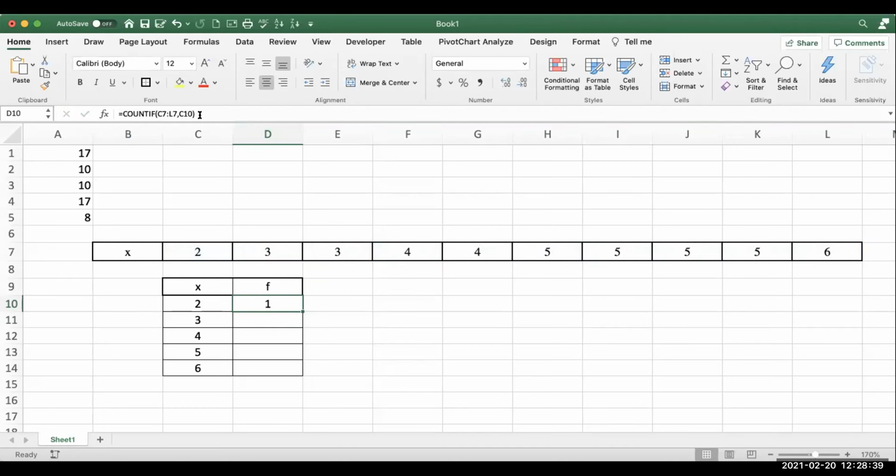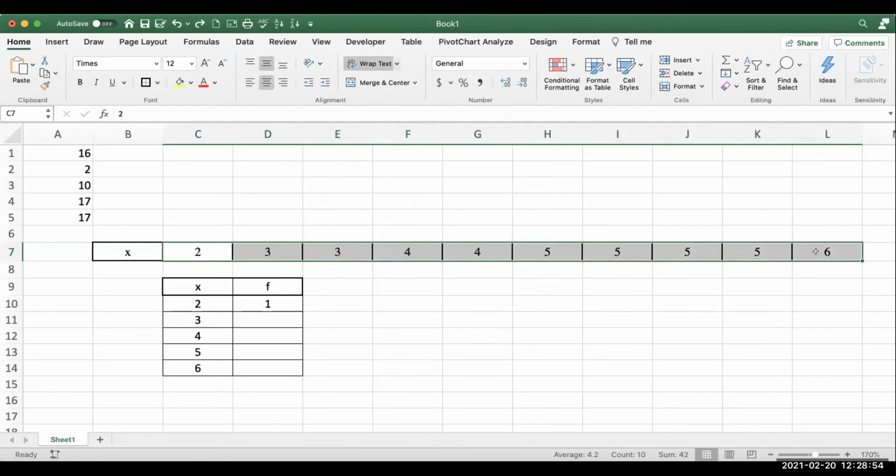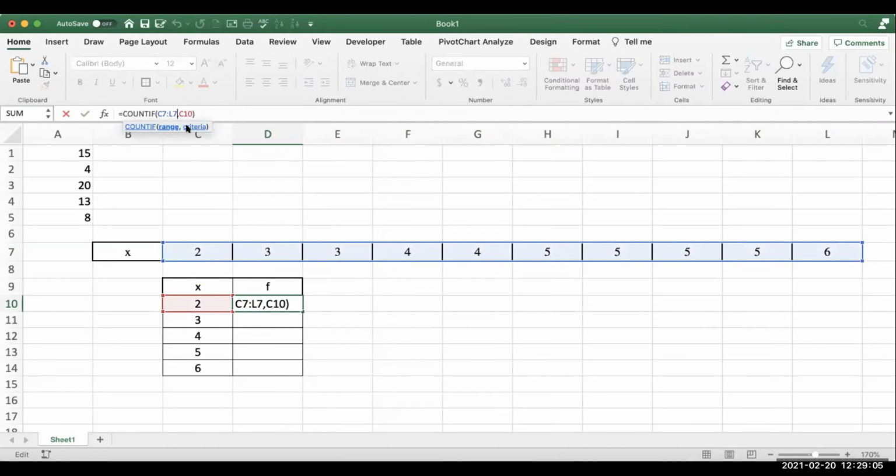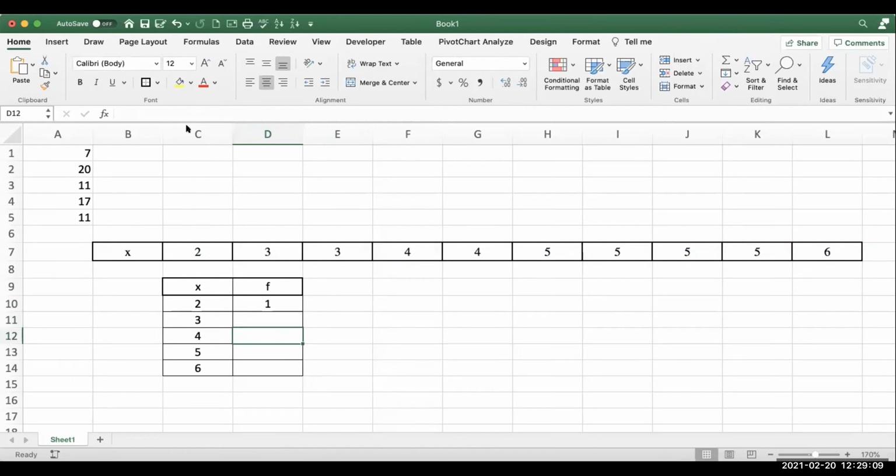Okay, now, if I tried to drag this down, notice I'll get an error. So what I should do here is highlight this and give it a name. Let's go over here and call it, I don't know, X. So now it will do it correctly.